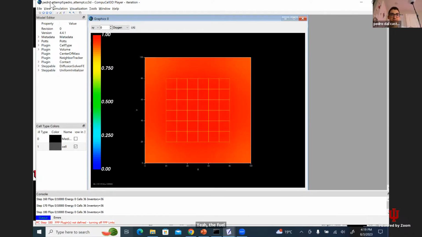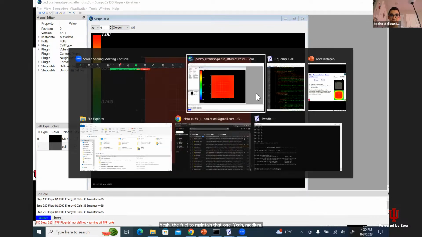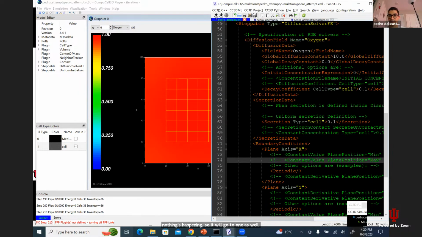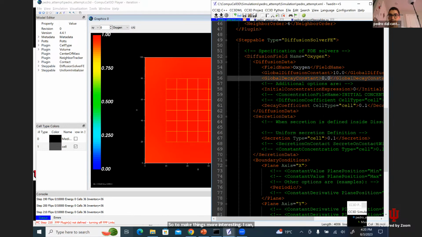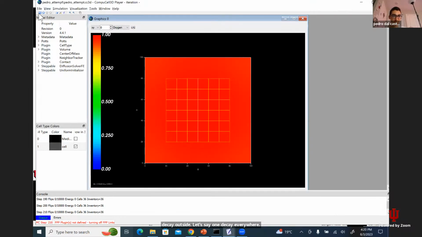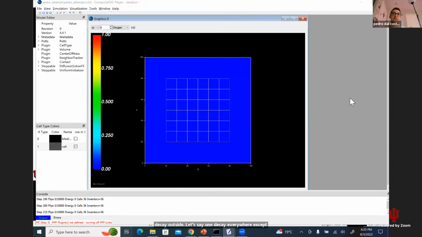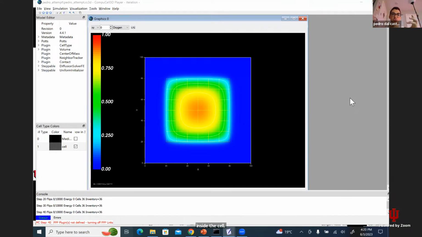At medium, nothing's happening, so it will go to 1 as well. To make things more interesting, I can set a high decay outside. Let's say 1 decay everywhere except inside the cell. Then we can see how the tissue holds this concentration of 1 inside, and outside it goes to 0 because outside the relation is not obeyed.